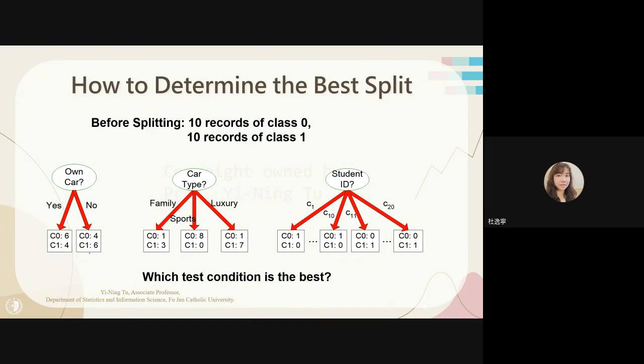And if I ask you, is your car type luxury? 奢华型的。Oh, then I will tell you there are C0, 1, C1, 7.